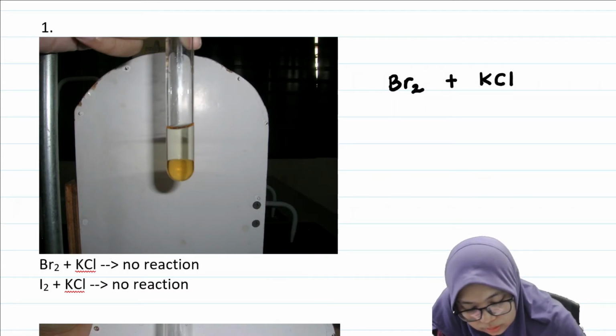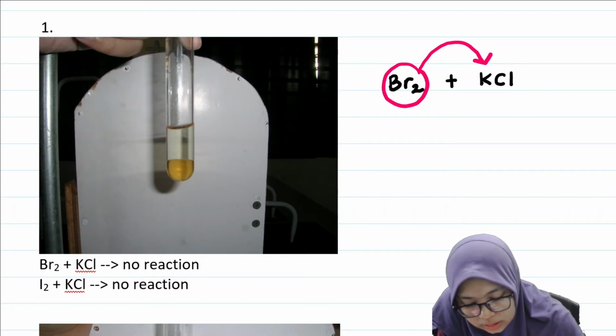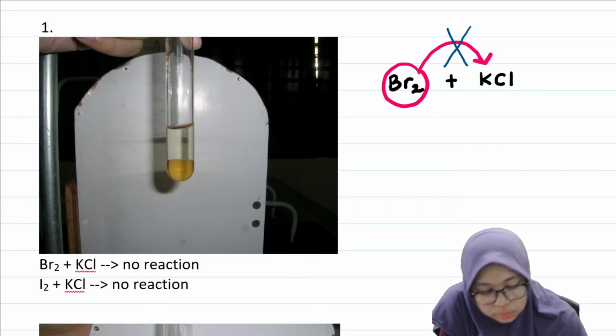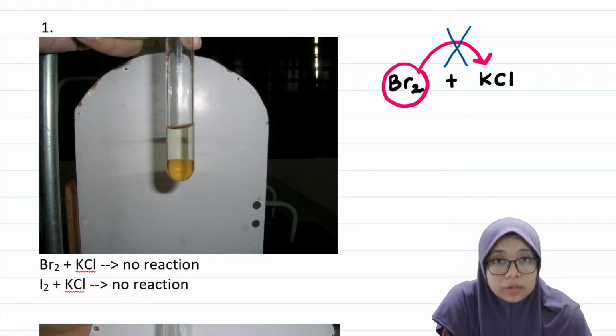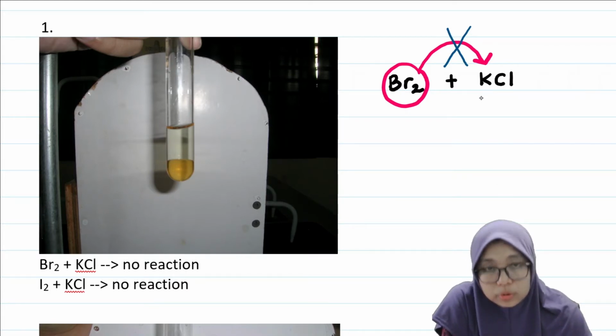Bromine will not be able to displace chlorine from its halide solution, so this reaction will never happen. So if bromine is less reactive than chlorine, the reaction will not happen, and your product will still be bromine and also potassium chloride.